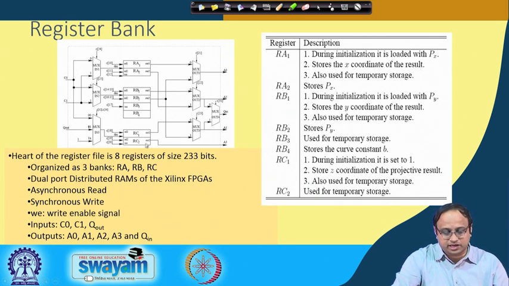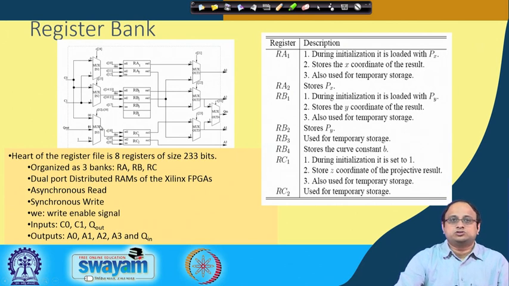RC2 is another temporary register which we use in our architecture. Another point we will see later on is that this computation takes place in mixed coordinates. That means one of the coordinates is in the projective domain and the other one is in the affine domain.